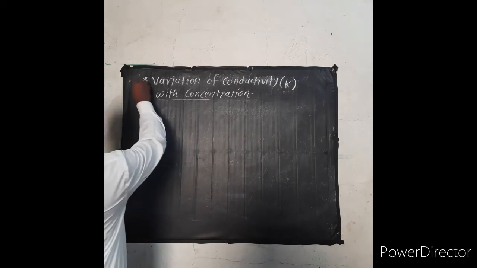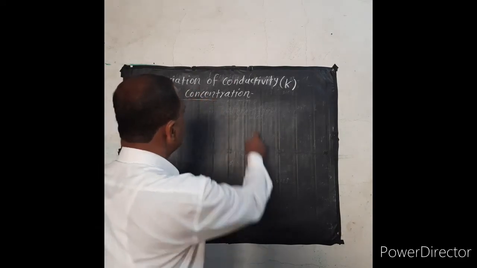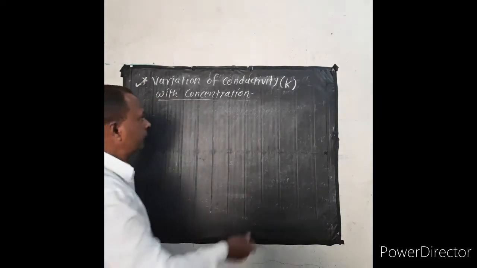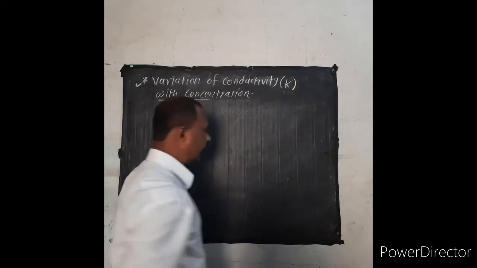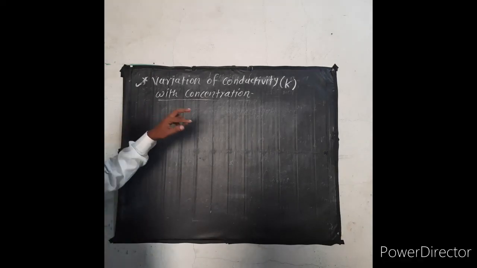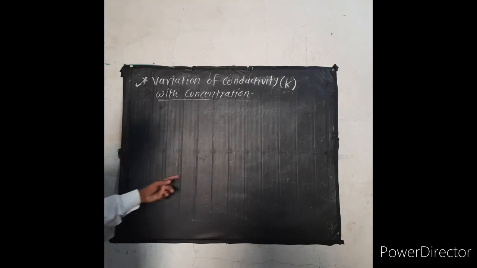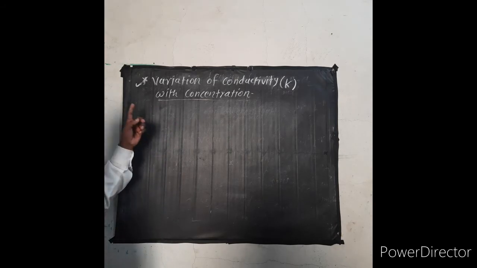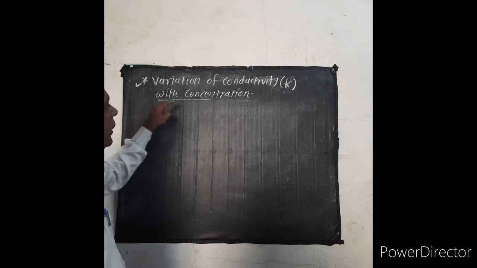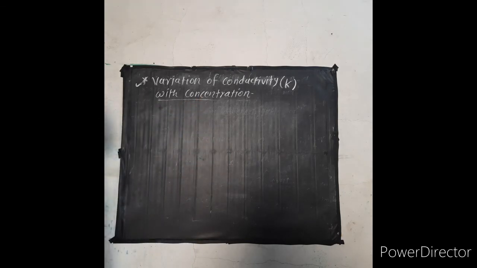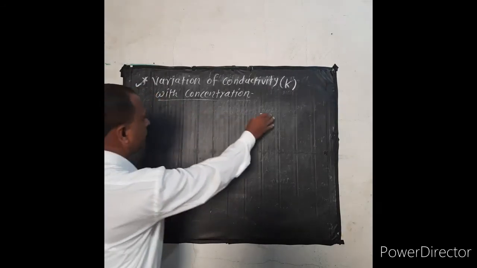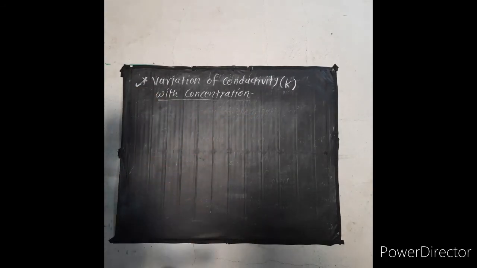Let us study the variation of conductivity with concentration. In general, the conductivity of a solution always decreases with decrease in concentration, that is, on dilution.